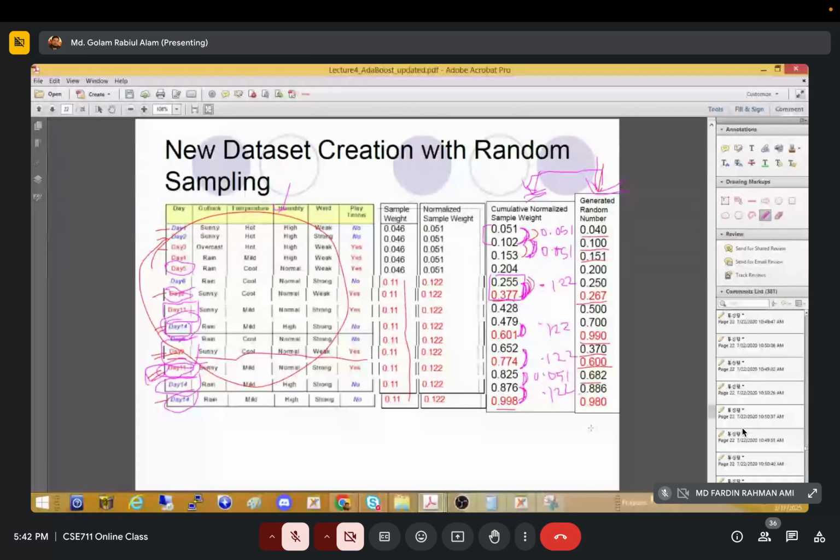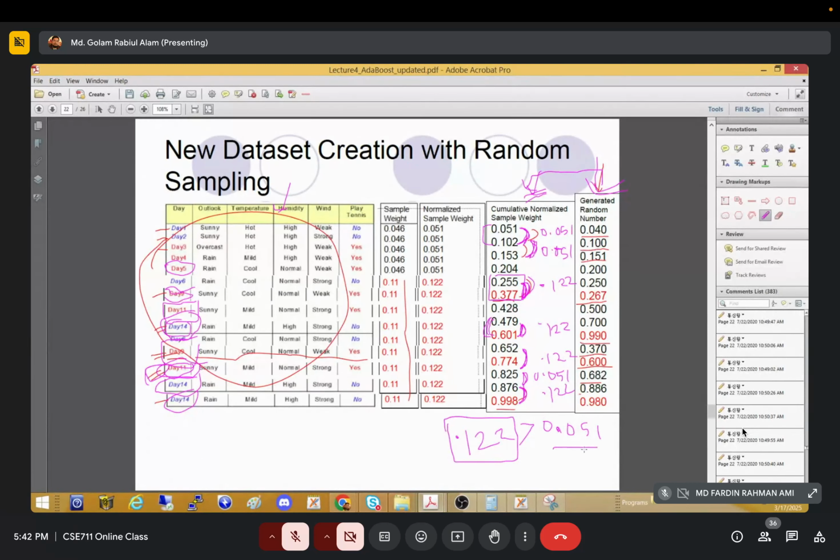So it means the range of misclassified instances, the range between these two numbers, is higher than the range for the correctly classified instances, 0.051. So this range is higher than this one.